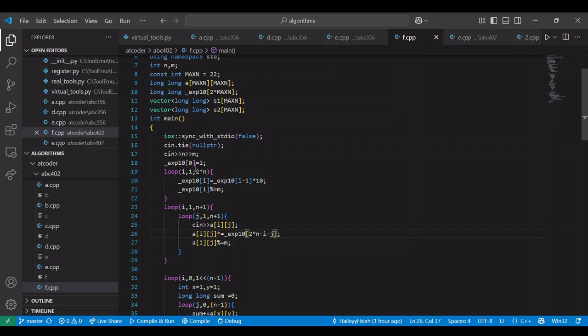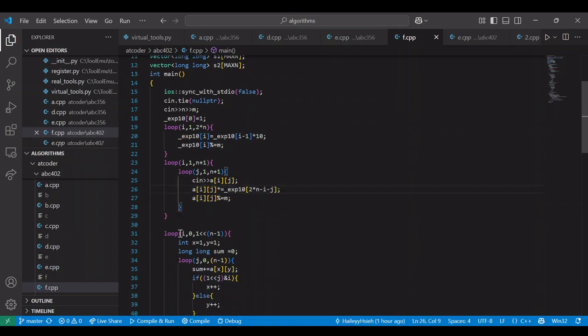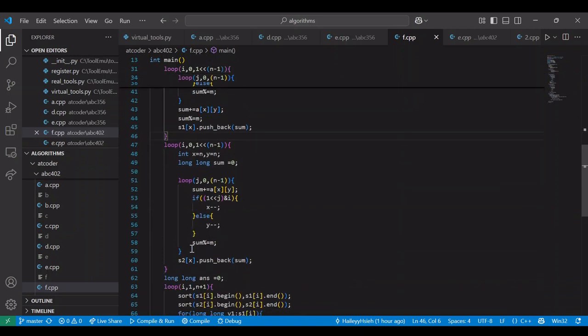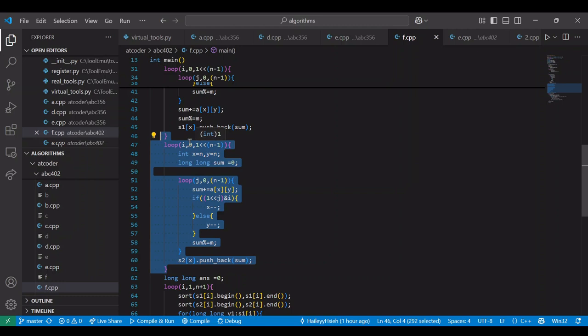One thing to be careful of is that we need to use long, and also we need to make sure to modulo m after each operation to avoid overflowing. This part is calculating the sum from the start to the middle, and then this section is calculating the sum from the end to the middle.